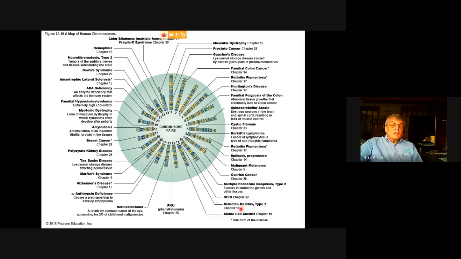Here is something that's more difficult to find: Alzheimer's disease, which we recognize as a late life degeneration of the central nervous system and the brain. And it is located right here on chromosome 14.